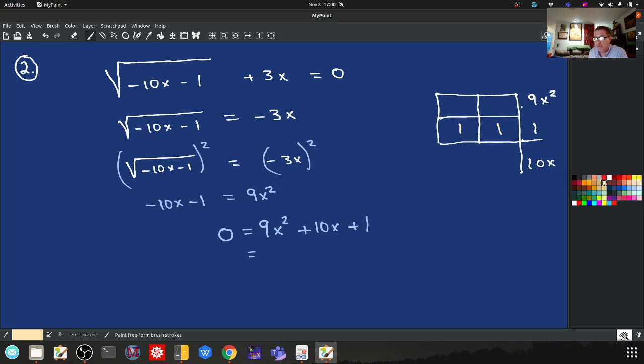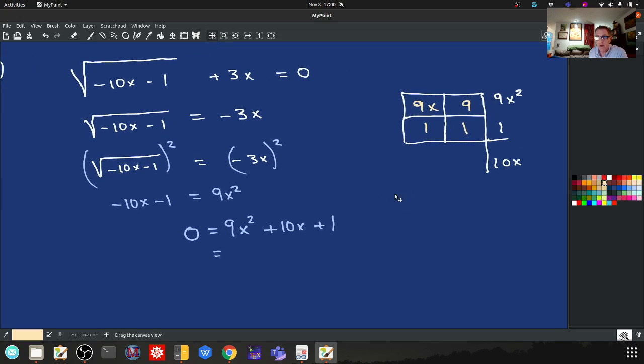And let's just do the obvious up here. 9x times x. So let's do our check. This is what I saw on the last test. You would use this procedure, but you had forgot to do the check. 9x times, that's supposed to be not 9, but x. So I'm supposed to write there.